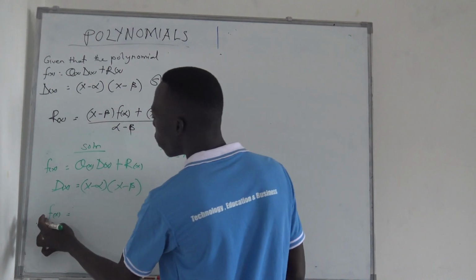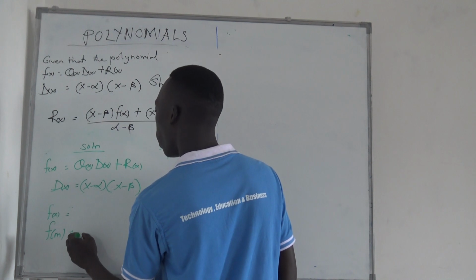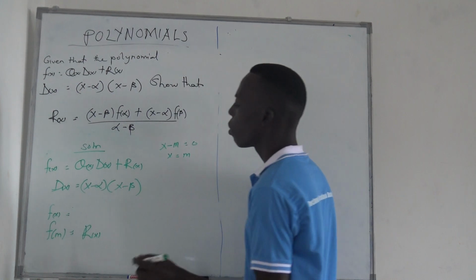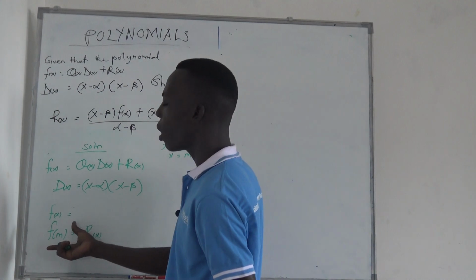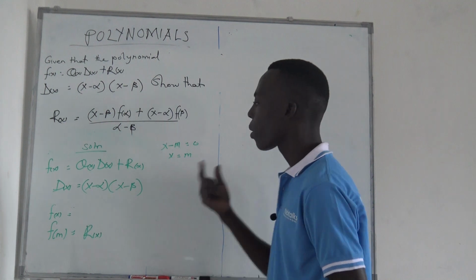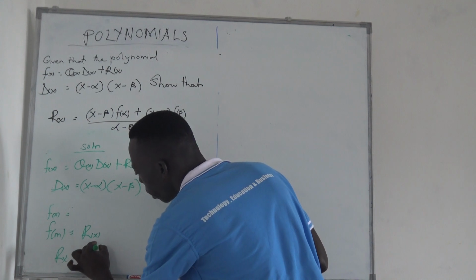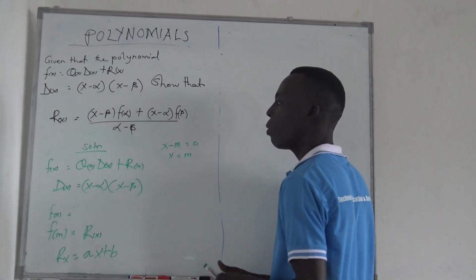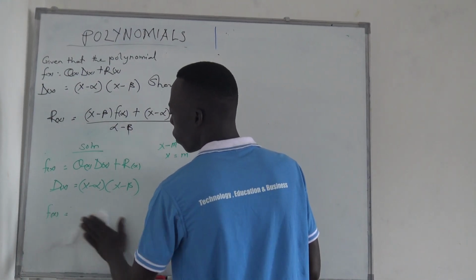So when substituting here, f of x will be f of m, which will give us the remainder. So the answer which we shall get after substituting that value will be the remainder. And also we said that the remainder of x is given by ax plus b. So that's what we must first know, which will help us when doing this question.